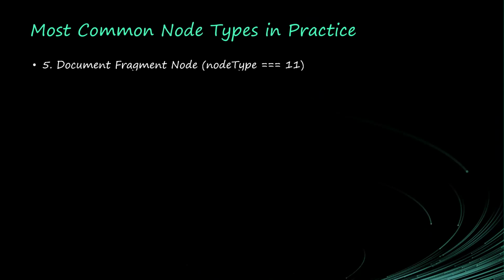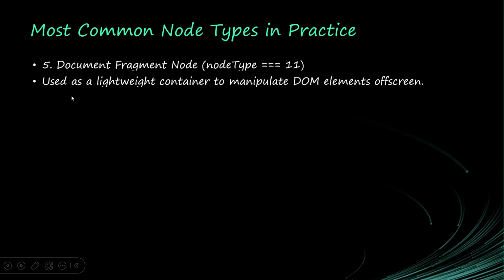So we also have the document fragment node. You use the document fragment node to temporarily manipulate the DOM. It is a temporary thing. It is used as a lightweight container to manipulate DOM elements off screen. We'll talk about this in detail in a separate session.